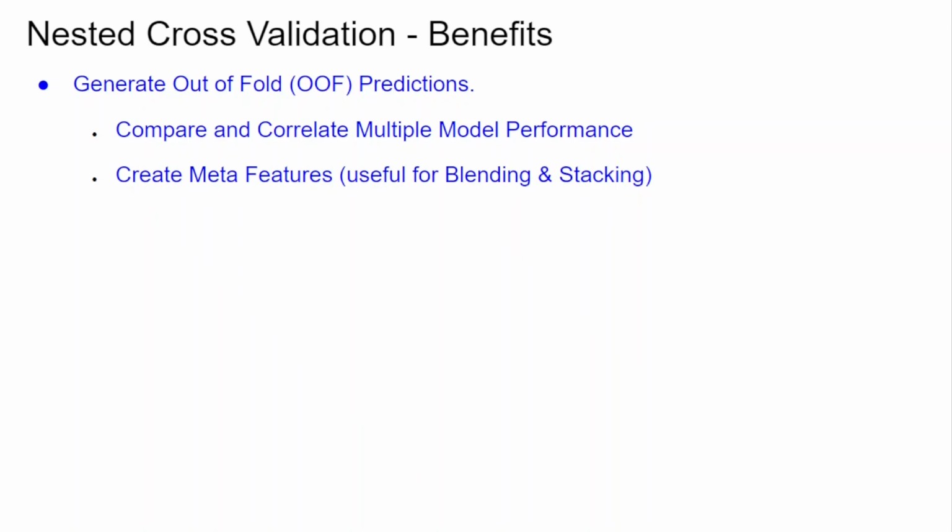Another thing we can definitely do is create meta features. This is done a lot during blending and stacking, where people say, look, there are a bunch of features coming in from the original data set, but can I have an intermediate model create meta features?